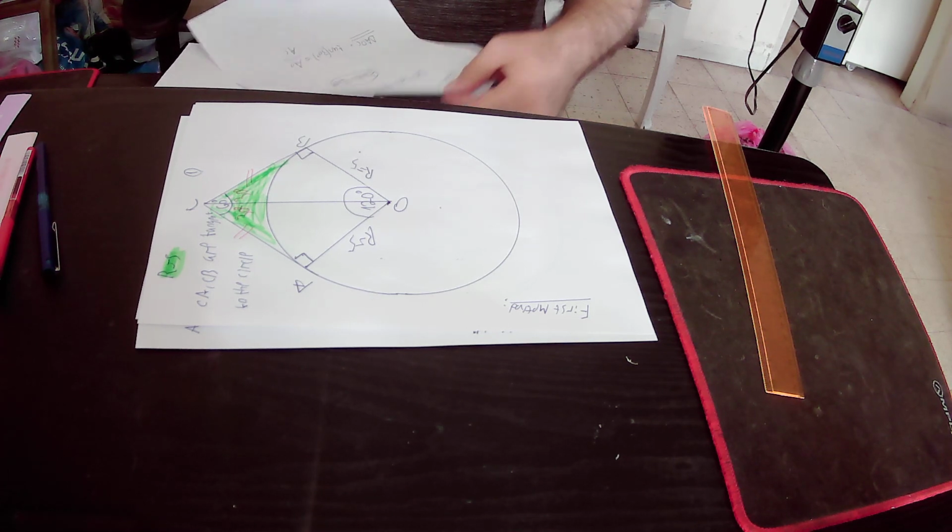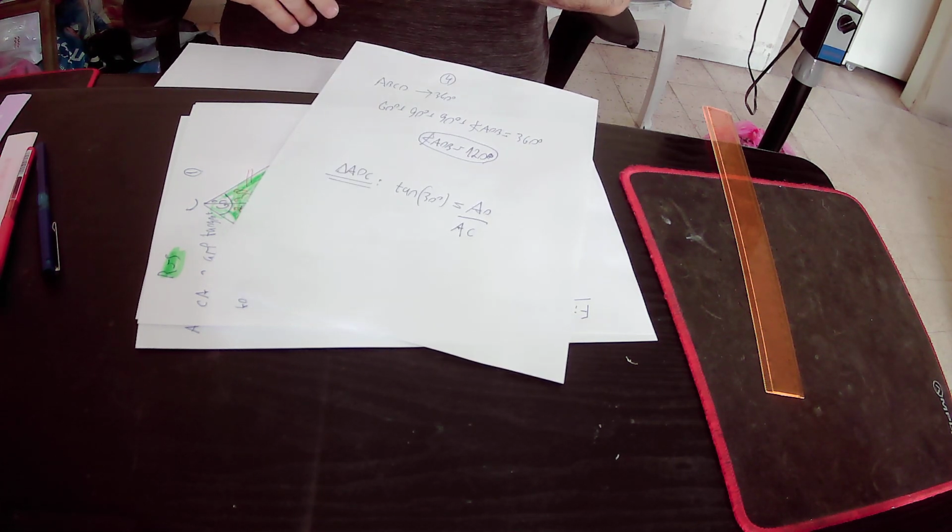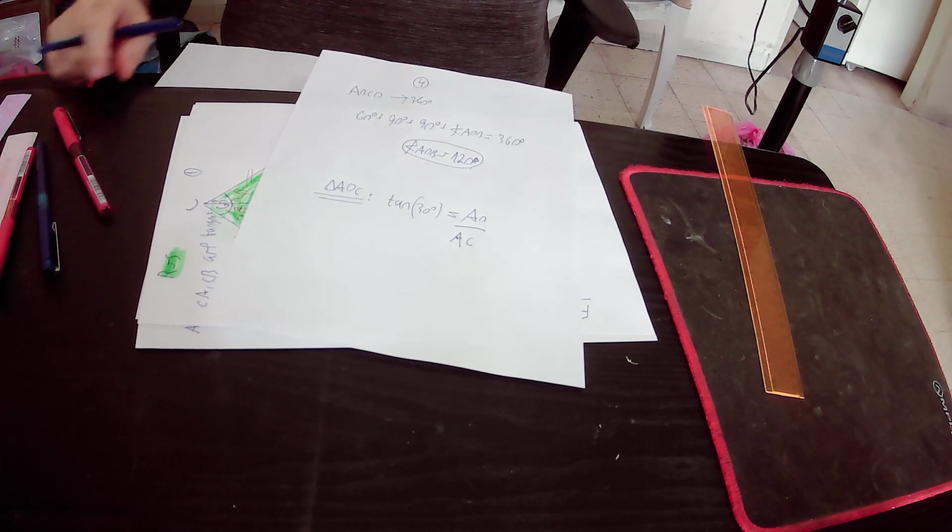Again, in the right triangle AOC, tangent 30 degrees equals AO over AC.